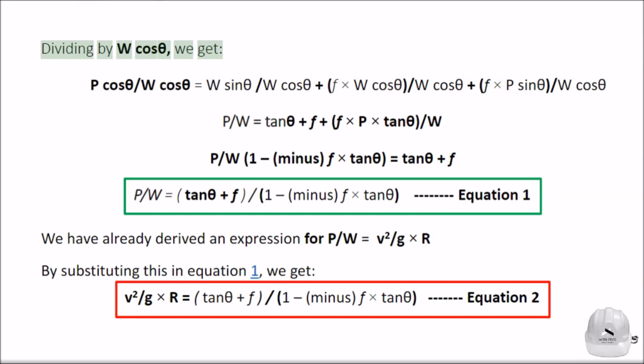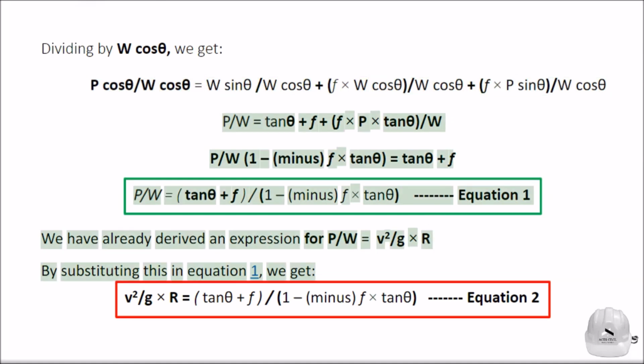Dividing by W cos θ, we get P cos θ/W cos θ equals W sin θ/W cos θ plus f times W cos θ/W cos θ plus f times P sin θ/W cos θ. P/W equals tan θ plus f plus f times (P/W) times tan θ, so P/W (1 minus f times tan θ) equals tan θ plus f, and P/W equals (tan θ plus f)/(1 minus f times tan θ).